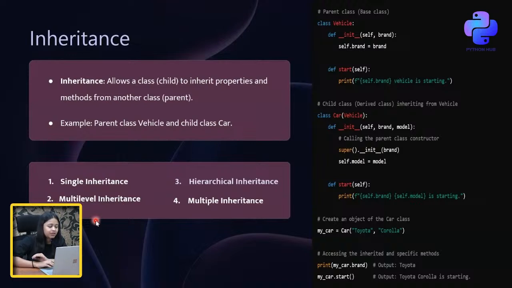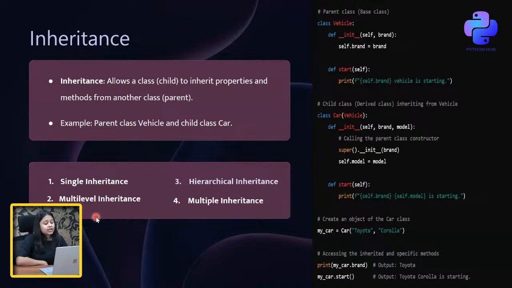That is multi-level inheritance. Let's move to the example: sedan inherits from car, and car inherits from vehicle. That is an example of multi-level inheritance.